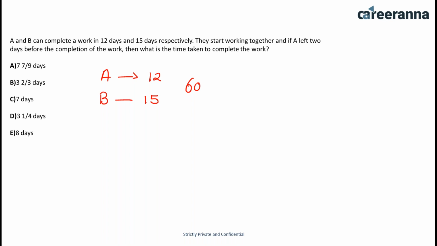So it is very easy for you. This is the total work that we have assumed: 60 units of total work. To calculate the efficiency, because A is completing the work in 12 days, you can directly say 60 by 12, which is 5.